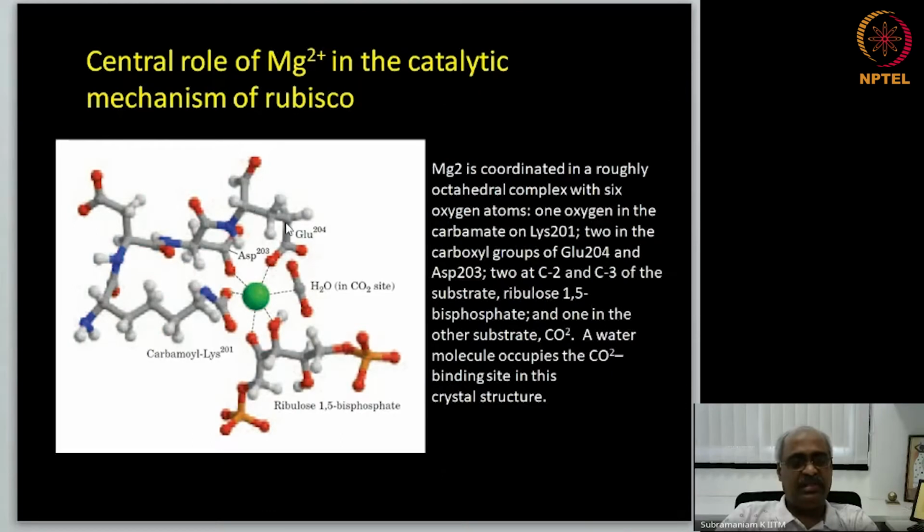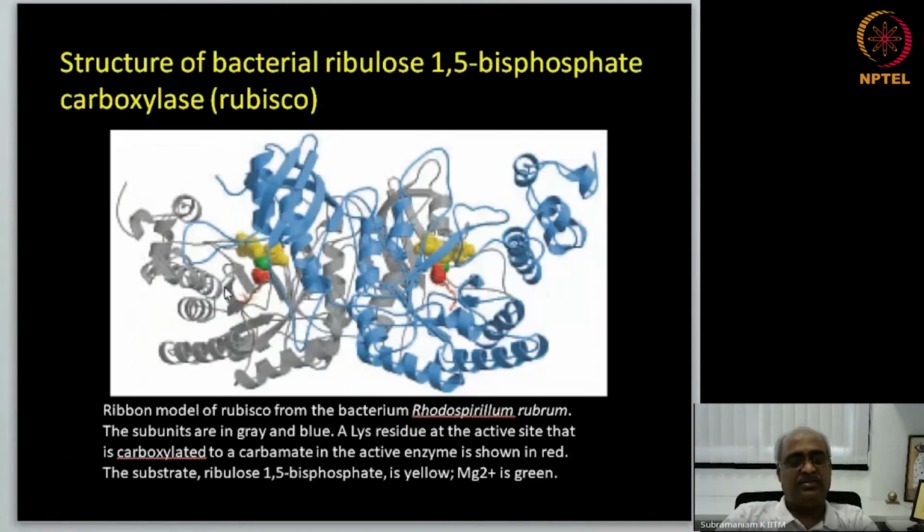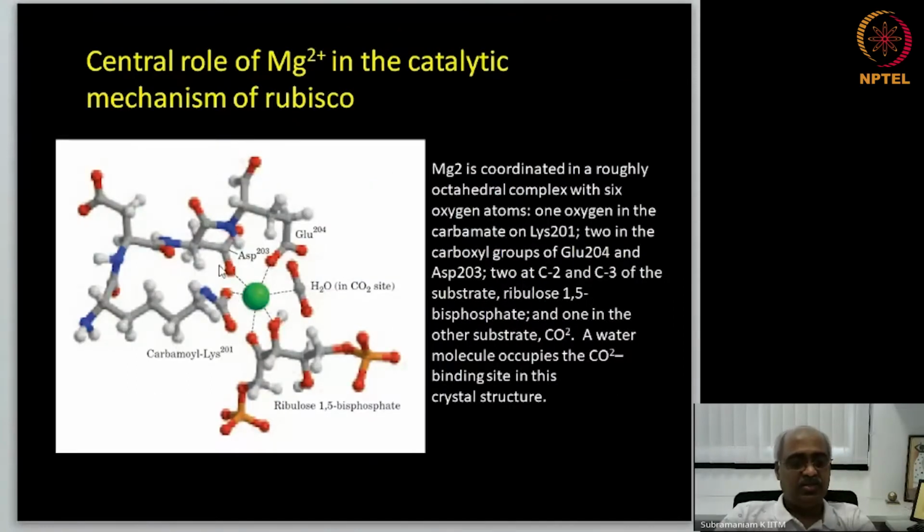And then this is again from the enzyme side chain. You have a glutamic acid and aspartic acid, and this is the carbamyl lysine, this red one. Okay, so this is in an octahedral complex forming 6 coordinations with the side chains and the substrates. Okay, 3 with the side chains and 3 with the substrates. So this is the active site structure of Rubisco.